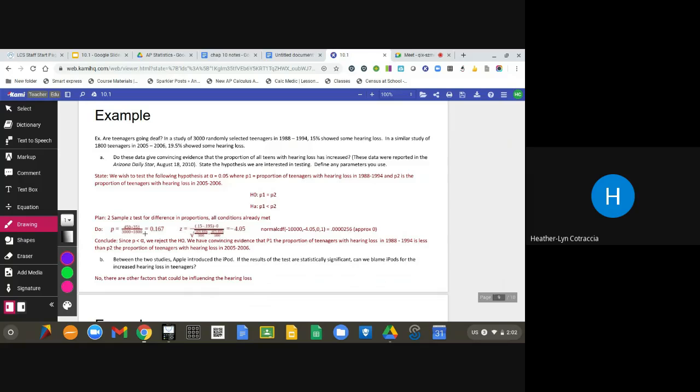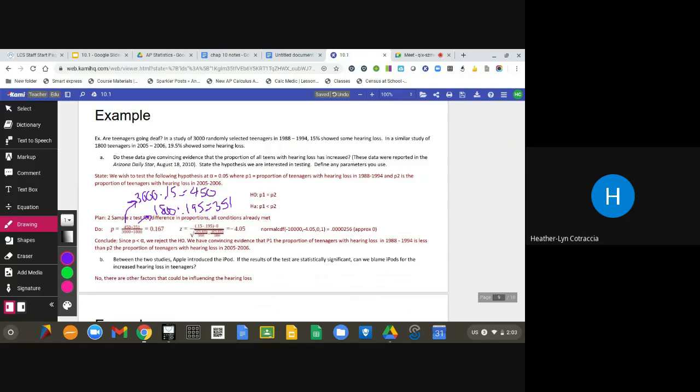So that 450 right there, that came from that there were 3,000 teenagers in the study, and 15%, so times 0.15, that would be equal to the 450. And then the 351 was from the second sample, which was 1,800, and then that would be times 0.195. And then that would be the 351.